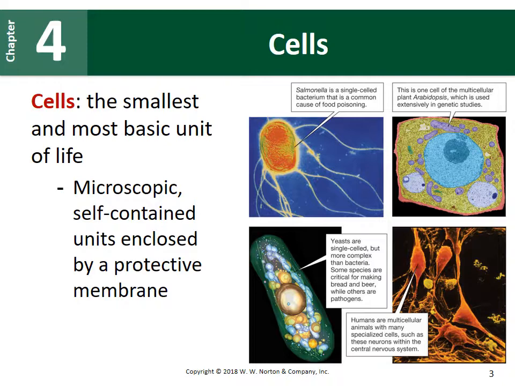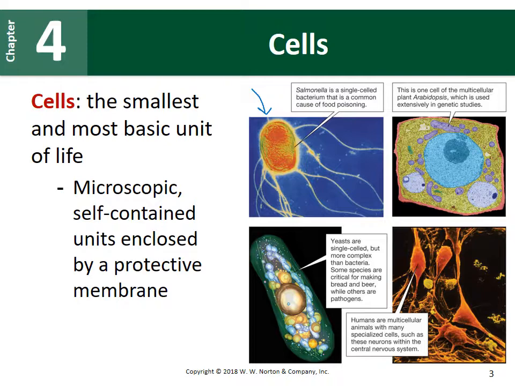And here we have some examples of different types of cells. Up in the top left-hand corner, this is a bacteria cell called Salmonella. In the top right-hand corner, we have a plant cell over here, and you can see that there are many different colored structures within the cell.